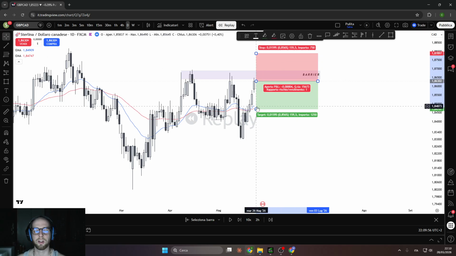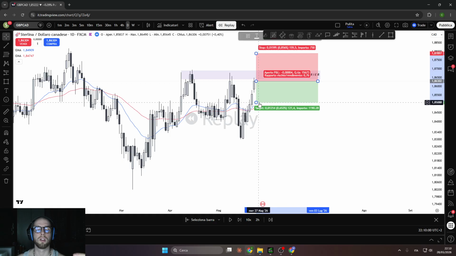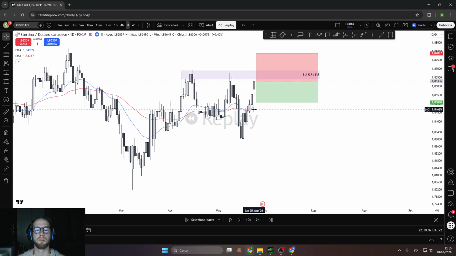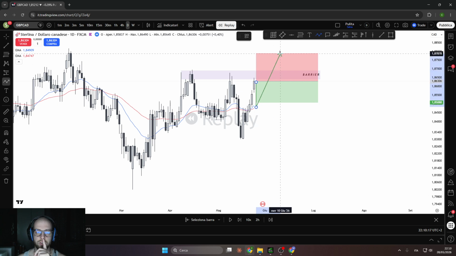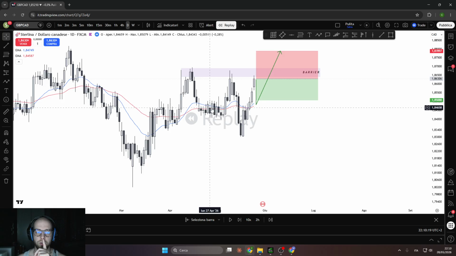The target for now, I want the target to be before the moving average. The moving average usually acts as a barrier, so you want to take profit before the moving average. Because if price comes back down here, it's possible the price might just bounce up again, like what happened here.